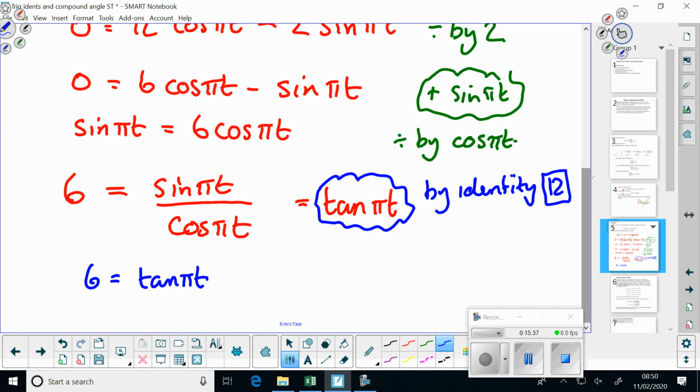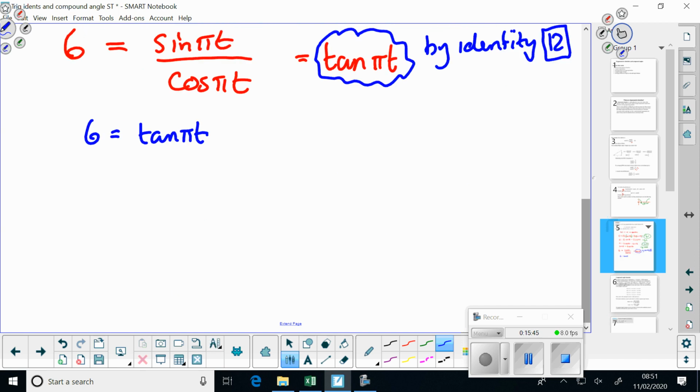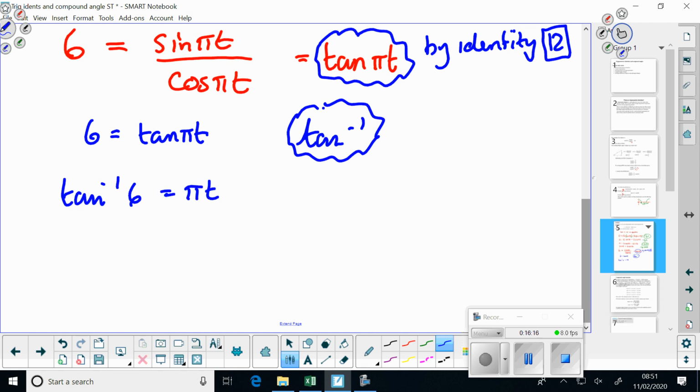How do I get t? How do we get rid of the tan? What's the inverse tan function? That's the inverse tan of minus 6, equal to pi t.